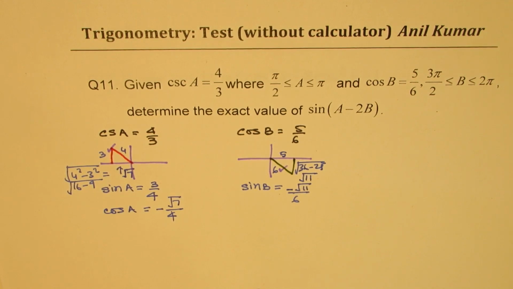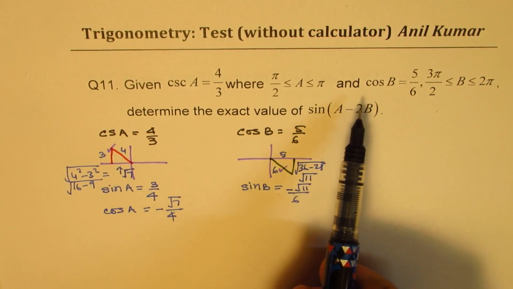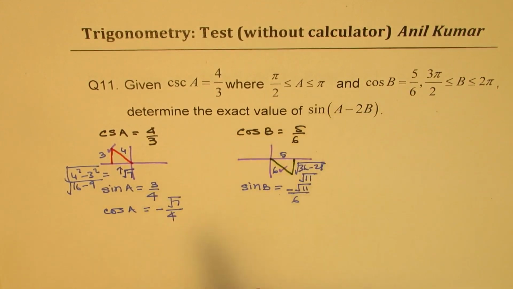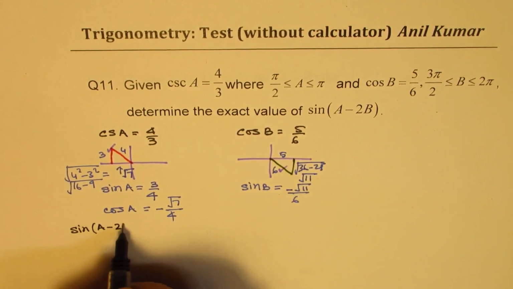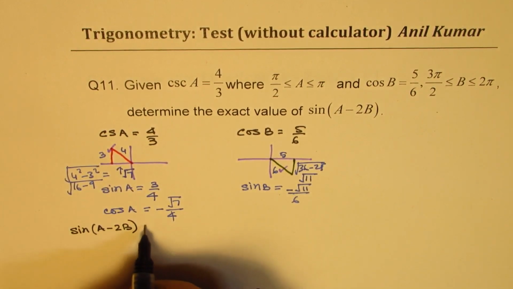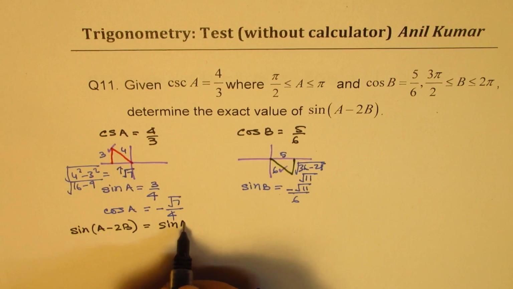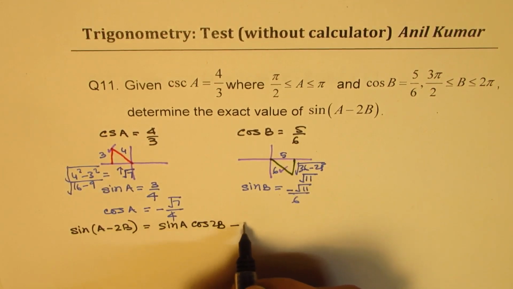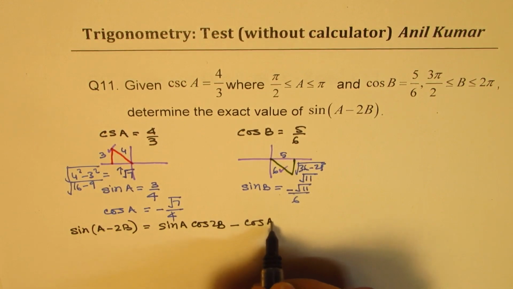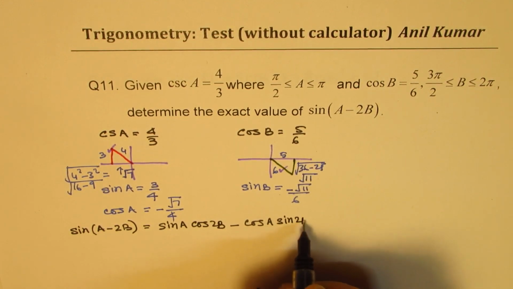Now, let's find the expression, which is sine A minus 2B. So when I say we have to work for sine A minus 2B, that means sine A cos 2B minus cos A sine 2B.